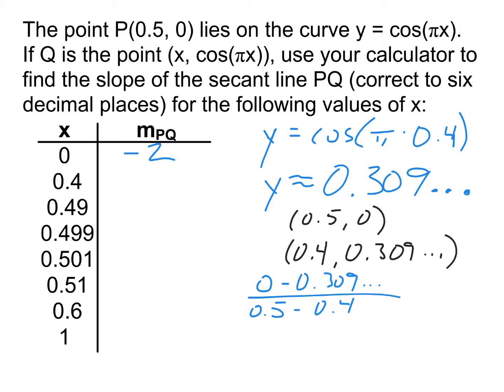And then do that calculation, and we get an answer that is about 3.09016, 9, 9. It keeps on going and going and going. We need to be correct to 6 decimal places based on the instructions here, so I'm going to go 3.090170.